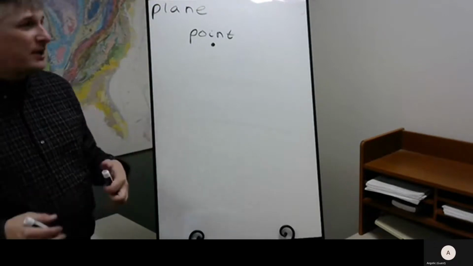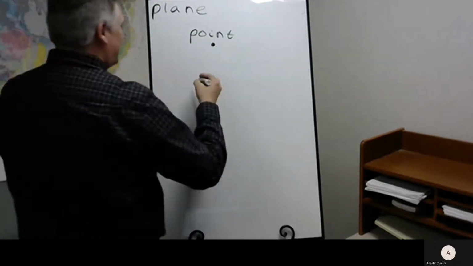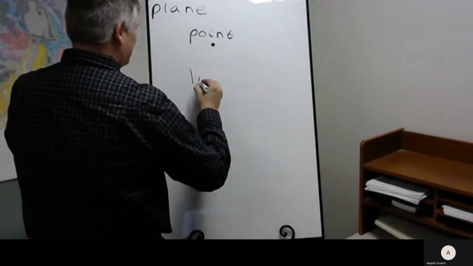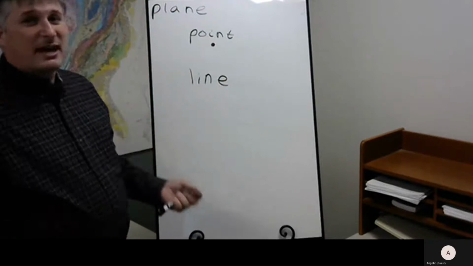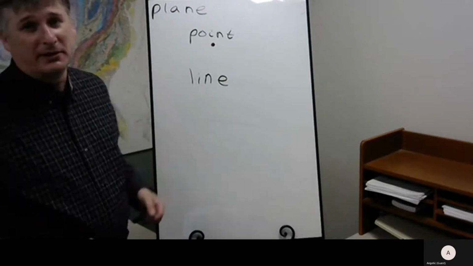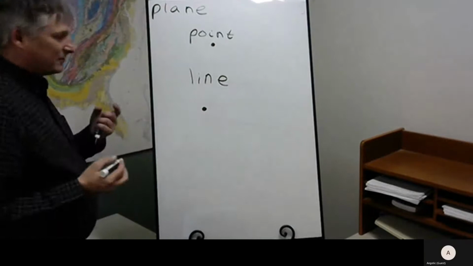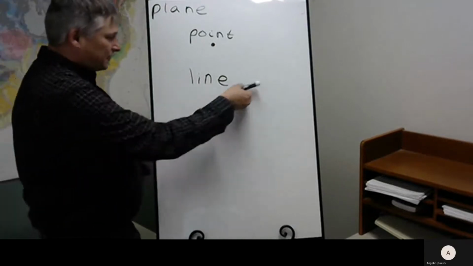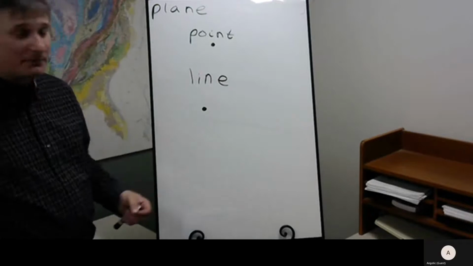Now, with points, we construct the other shapes. So we can have what's called a line. A line at minimum needs 2 points. Because if you have just one, we're not sure where this line is, we're not sure what it's exactly doing.